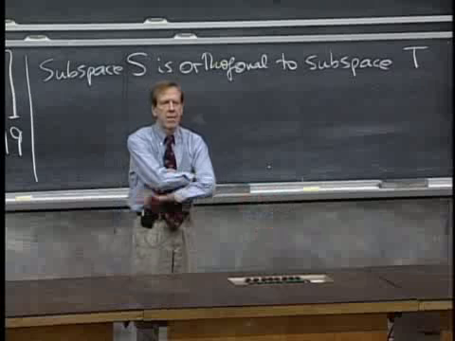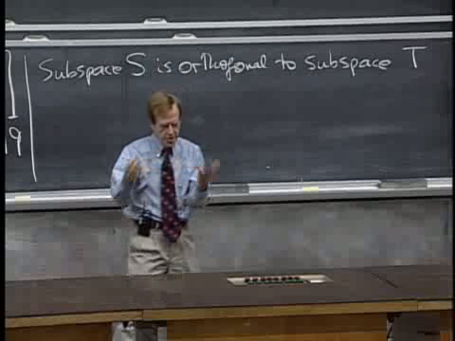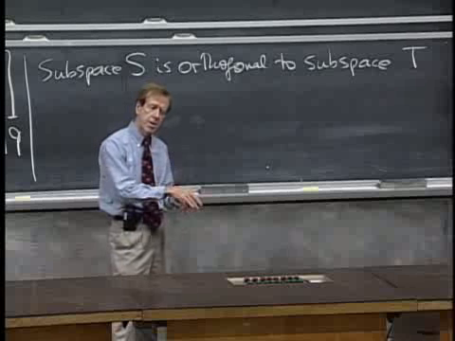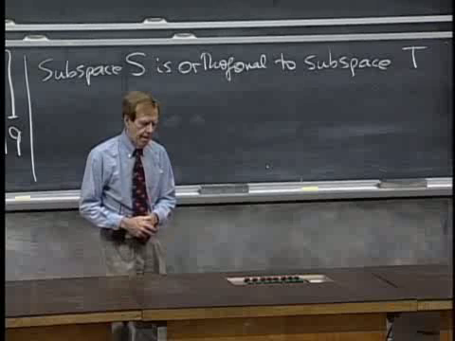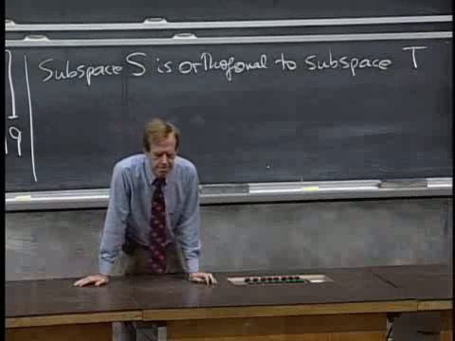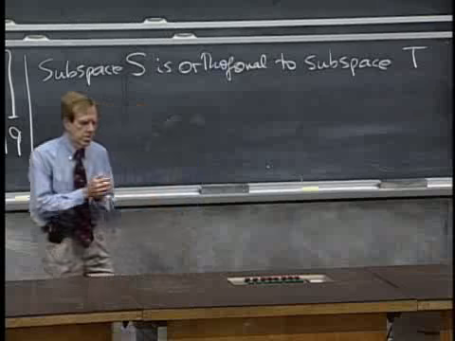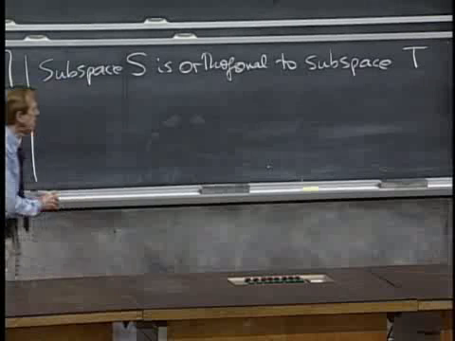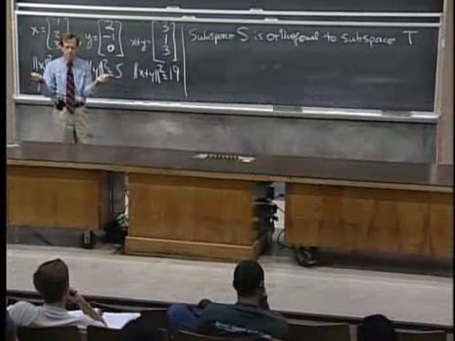And what should it mean for those guys to be orthogonal? It's just sort of, what's the natural extension from orthogonal vectors to orthogonal subspaces? Well, in particular, let's think of some orthogonal subspaces, like this wall, let's say in 3 dimensions.